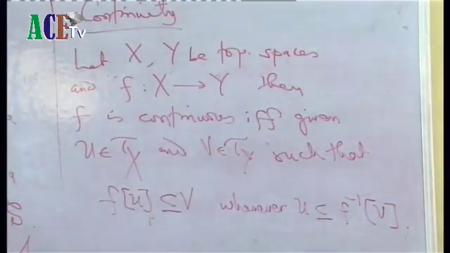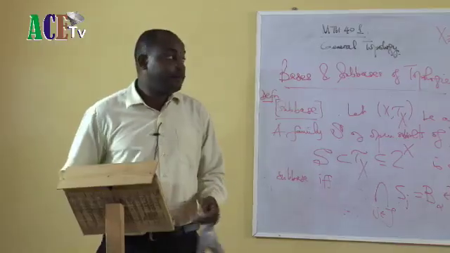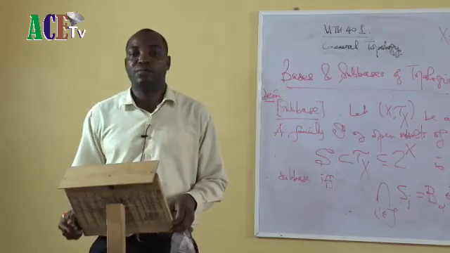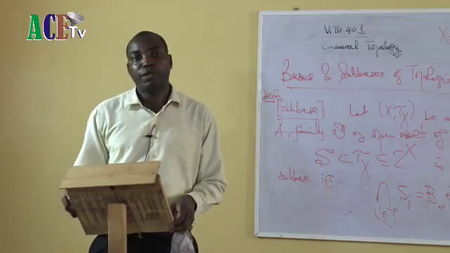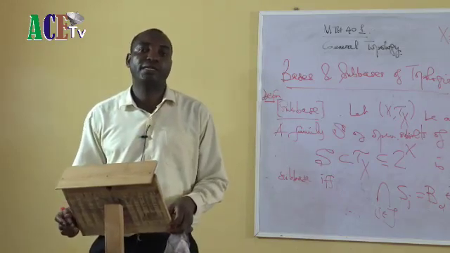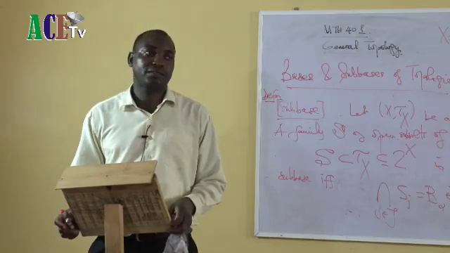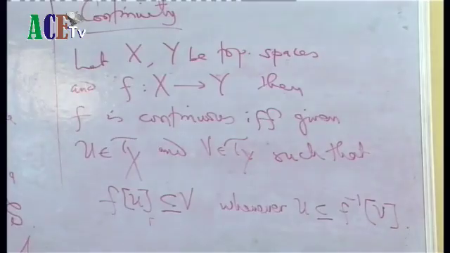This definition is different from the delta epsilon definition, which students in an elementary analysis class come across, but it is the same thing. We are saying the same thing using a different language.